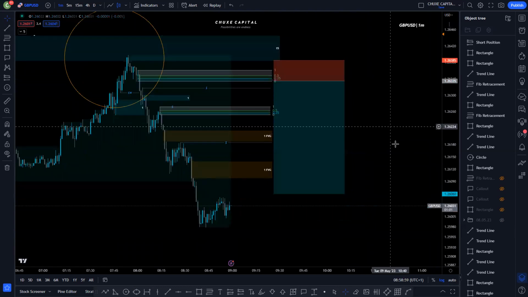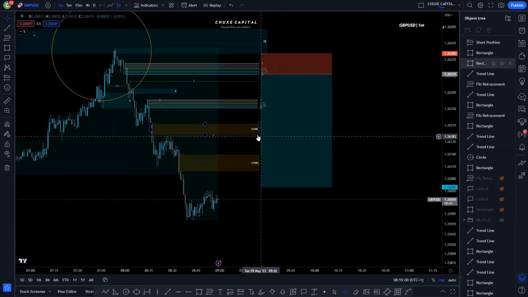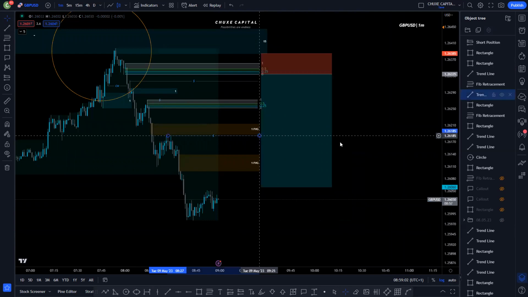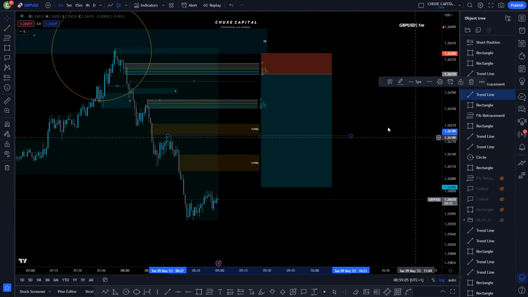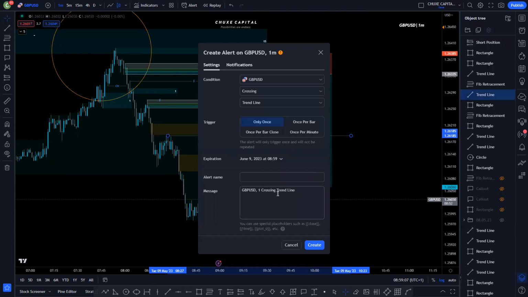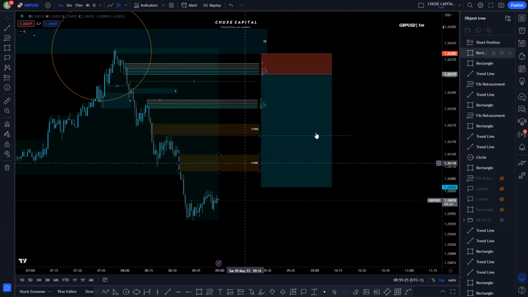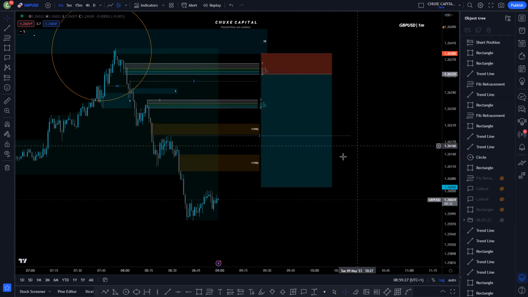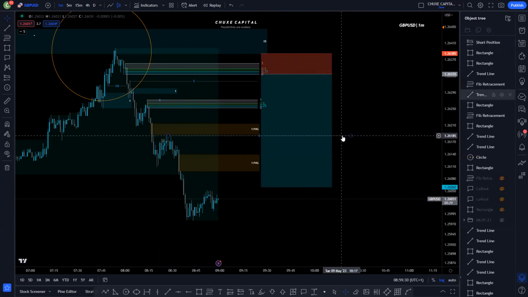So what I do, set alert. So this is 1 minute liquidity. I'm not always looking at the charts because I live a very busy life. So I just set this alert to prompt me to take action. So when price comes and taps it there, I would know. Then I'll be prompted to take action.